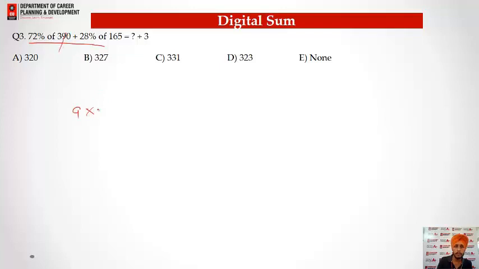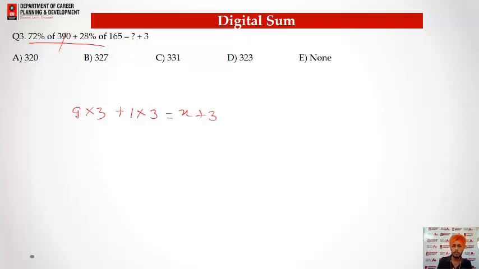So what we are left with is 3. Again we have 28. What will it become? 8 plus 2, 10, so the digital sum will be 1. Of will become multiply. 6 plus 1, 7 plus 5, 12, and the digital sum of 12 will be 3, is equal to x plus 3.